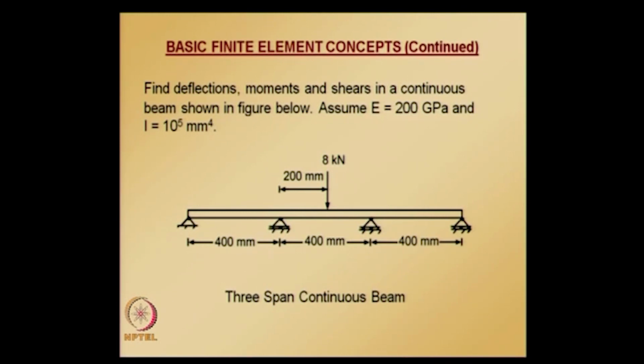Please note that in the finite element method, to reduce the computational burden wherever possible we take advantage of the symmetry of the structure, or the symmetry of the problem that we are solving.